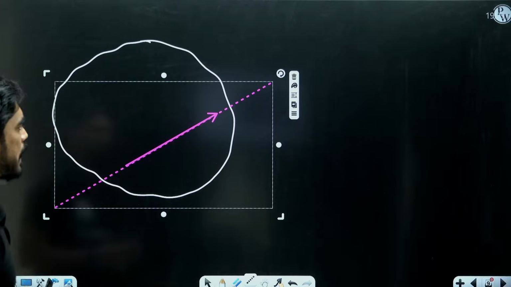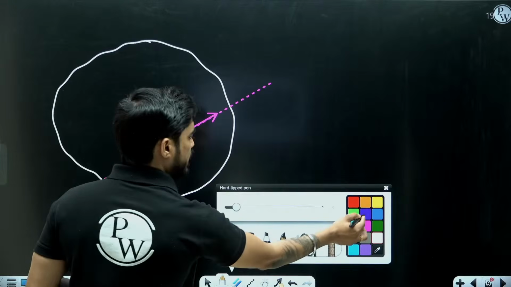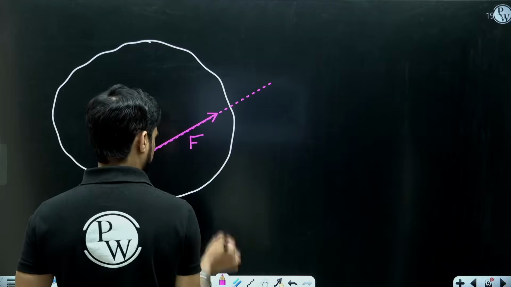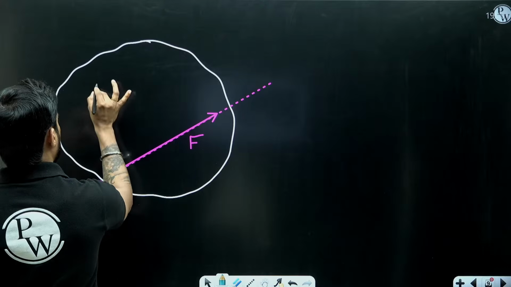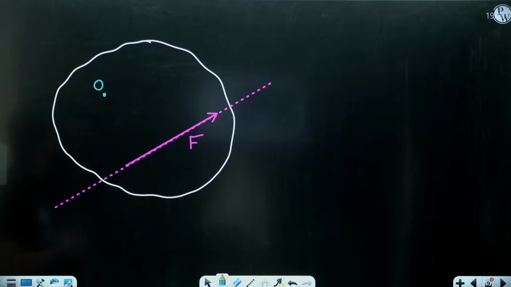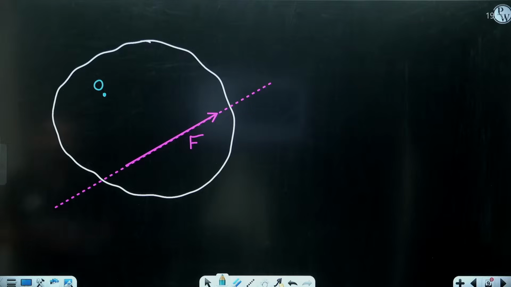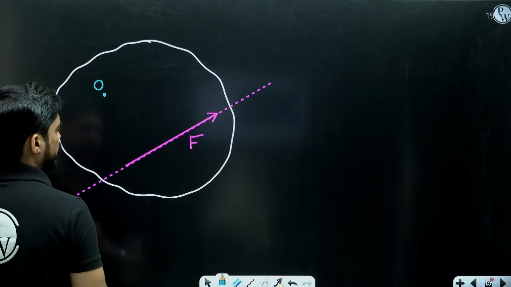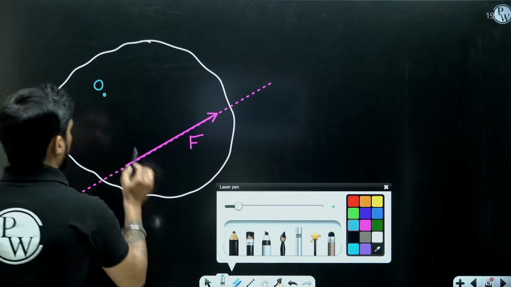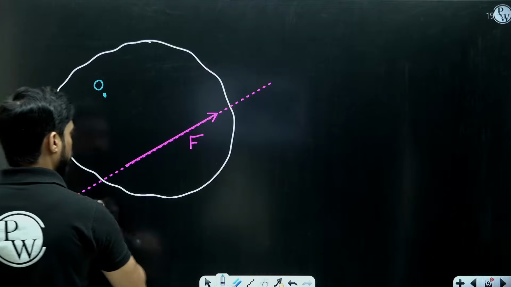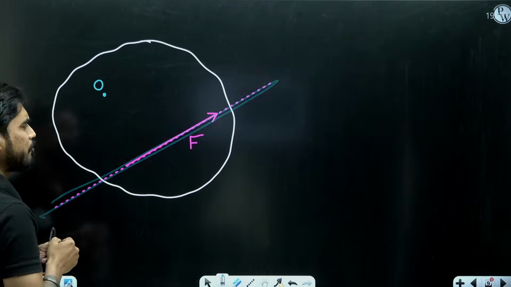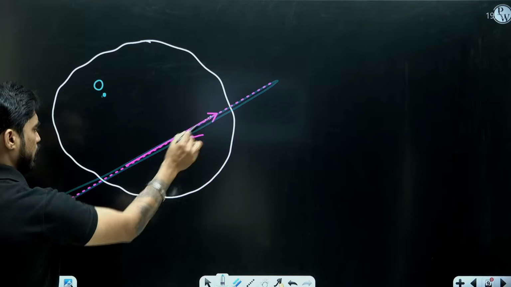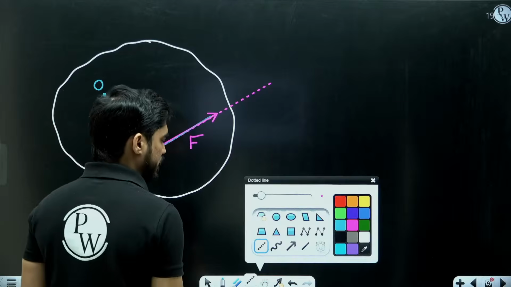Now I want to find how much this force is trying to rotate this body about a particular point. Let's say I want to find the moment about this point O. So how do we calculate that? We are going to first measure the perpendicular distance of this point O from this line of action. Perpendicular distance means the minimum distance of point O from this line of action F.